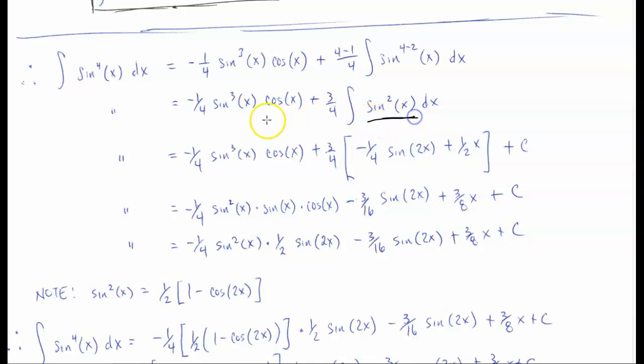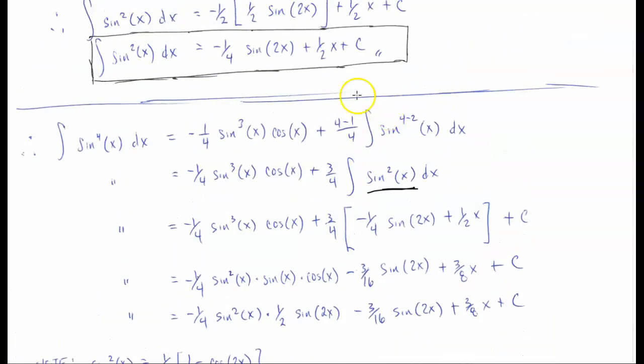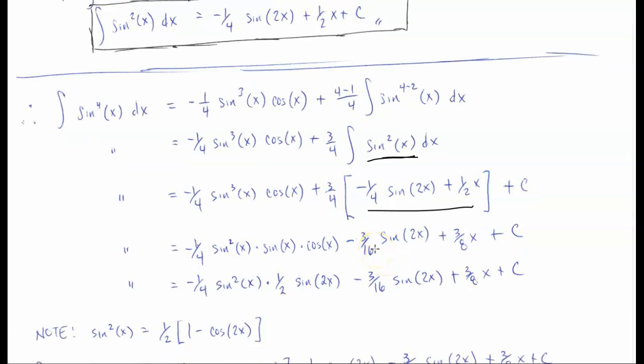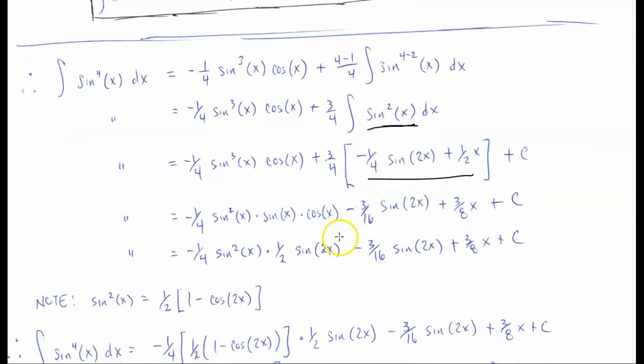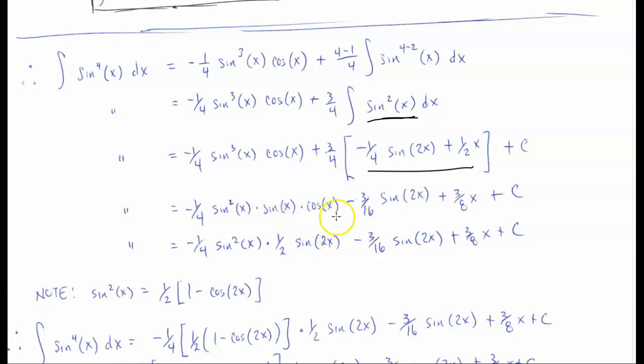Notice that all this on the outside works out fine, but here we have the integral of sine squared, and what we just found out there, we would just substitute in to keep from having to recreate the wheel. The rest of this is just us trying to simplify this to make it look as nice as possible.